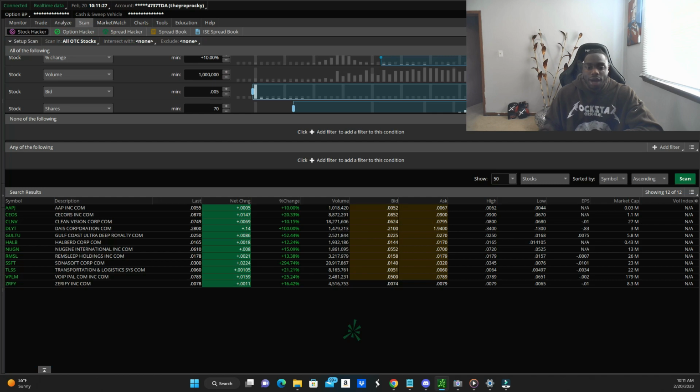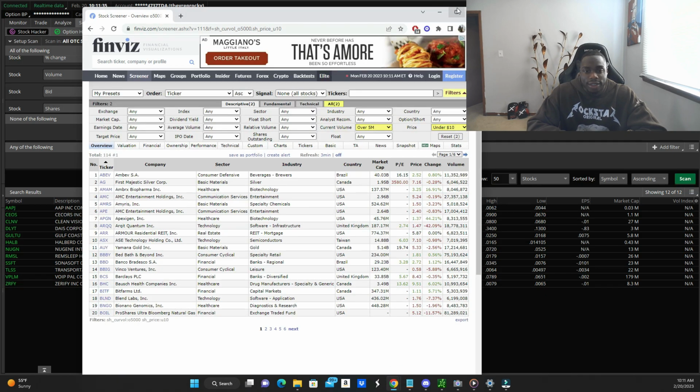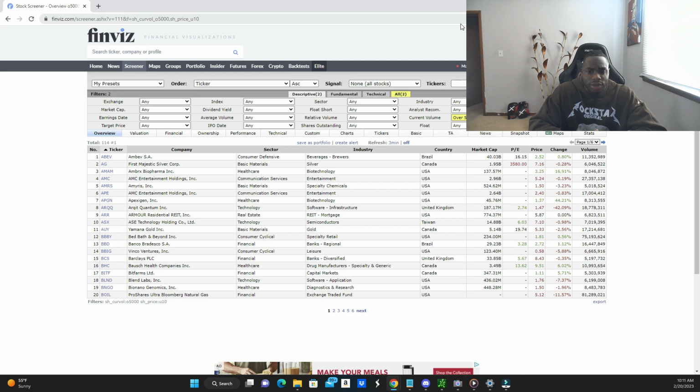So there you have it. This is how I go through my watch list and try to scan for stocks. I keep it very simple. I think that simple is very good, especially because when you're actually trading, you have to continually refine your list during intraday time.